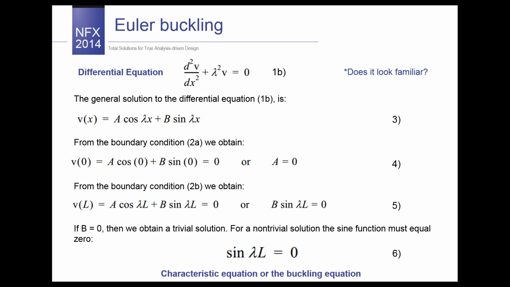To satisfy this first boundary condition, constant A is supposed to be 0, and simultaneously for the second boundary condition, this expression can be 0. And this expression, which consists of constant B, sine lambda multiplied by L, where L is the length of the beam, is called the characteristic equation or the buckling equation.